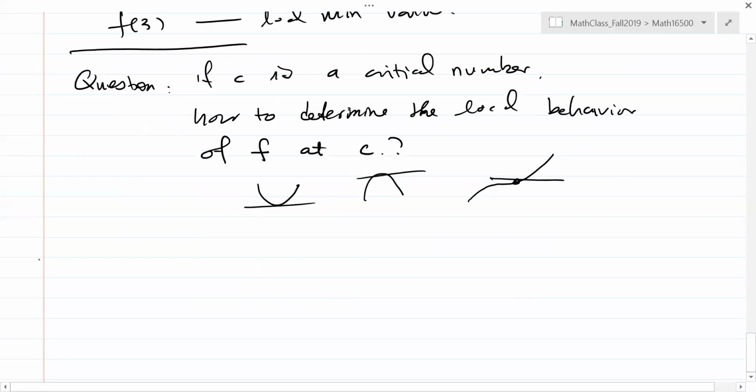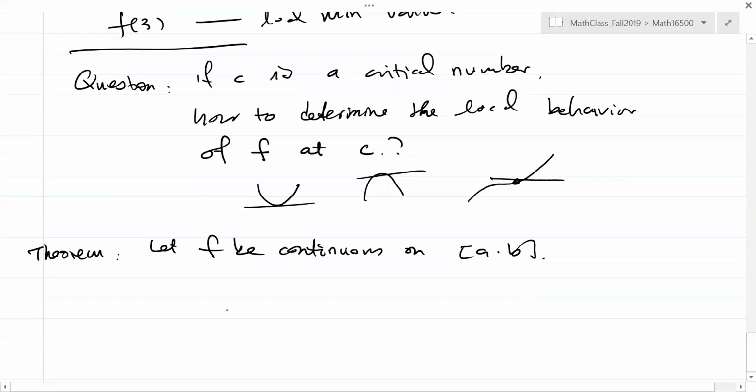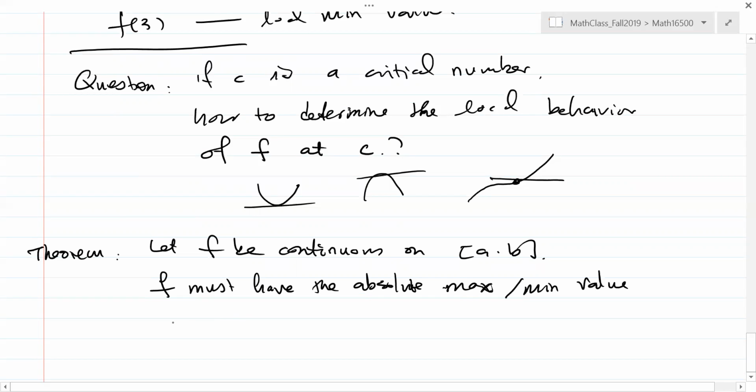What we have is the following intrinsic theorem. Let f be continuous on a closed interval. Then f must have the absolute maximum value or minimum value at some c in the interval.